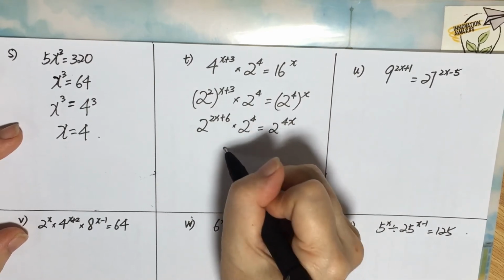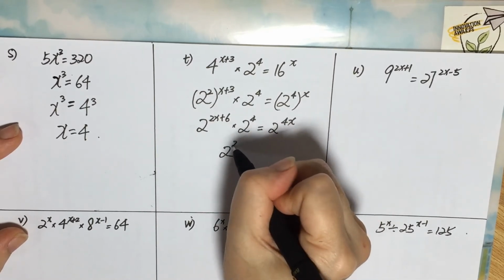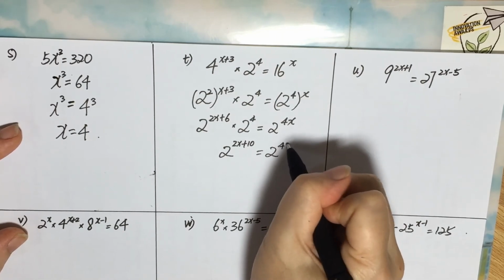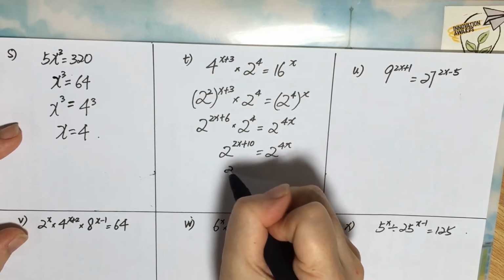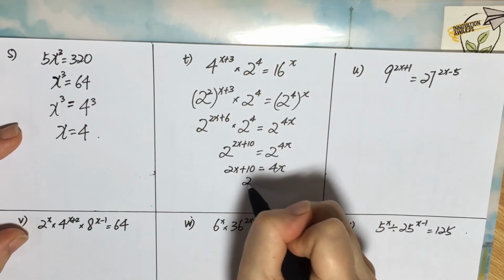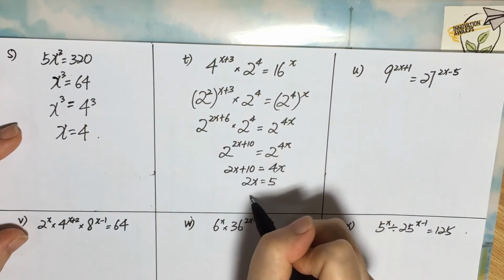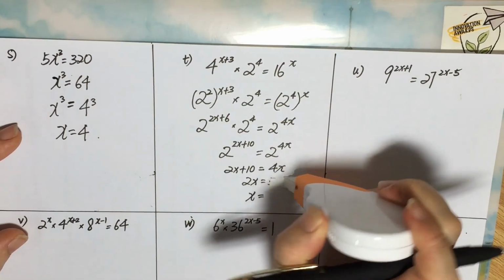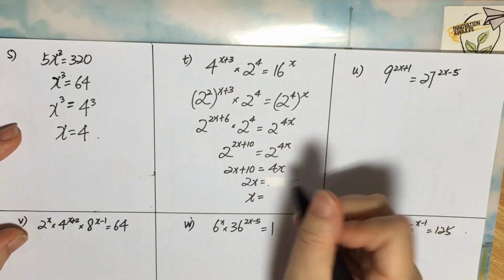So combine the 2 because you multiply them together. So you have 2x plus 10 equals 2 raised to the power of 4x. So 2x plus 10 equals 4x. So 2x is actually 10. So x is actually 5.